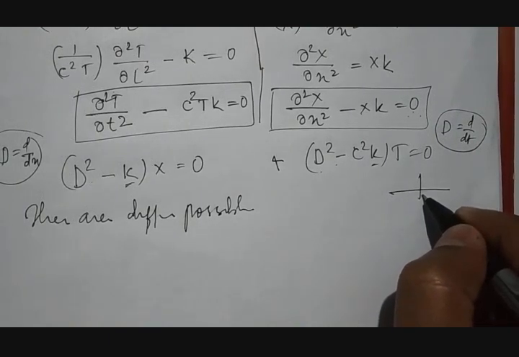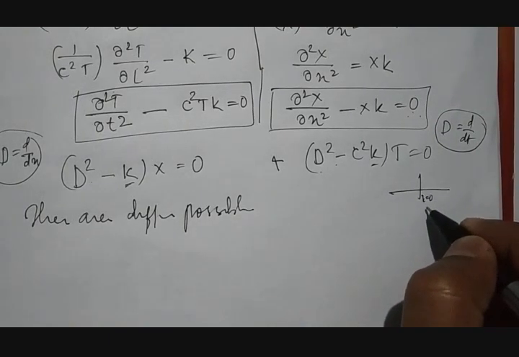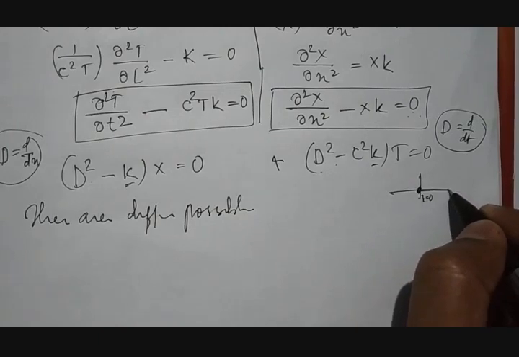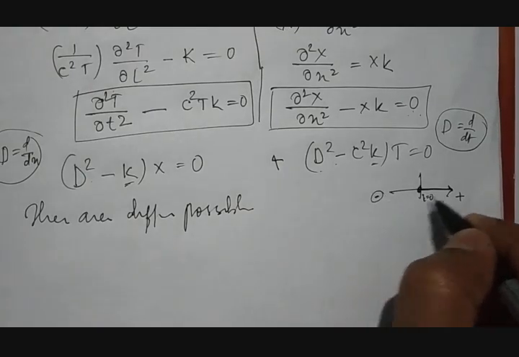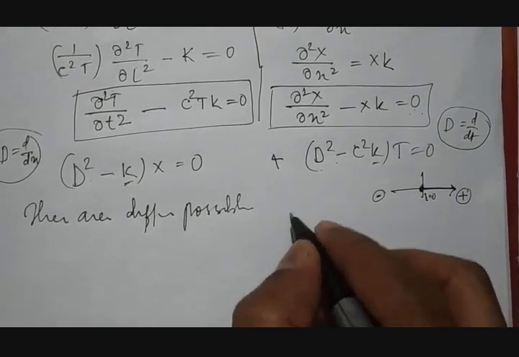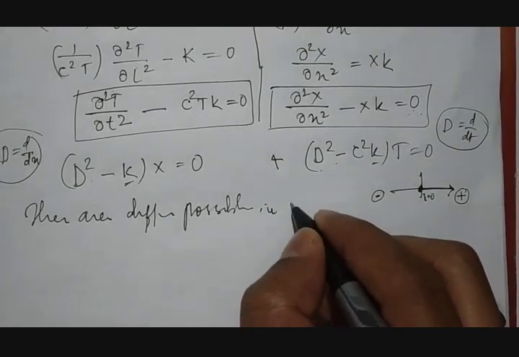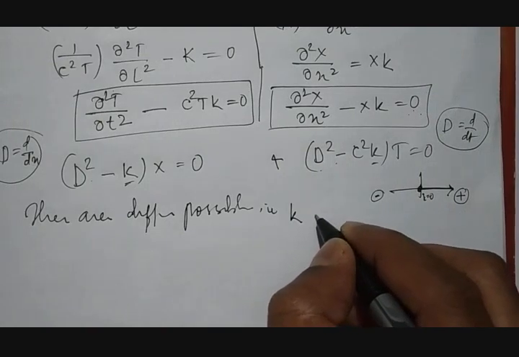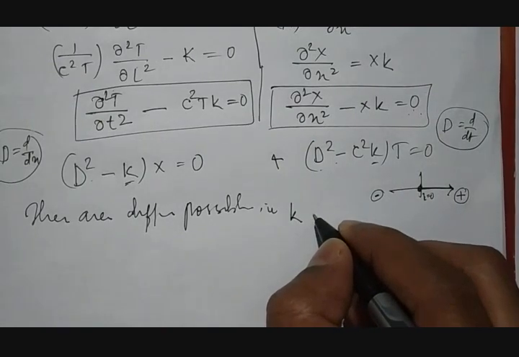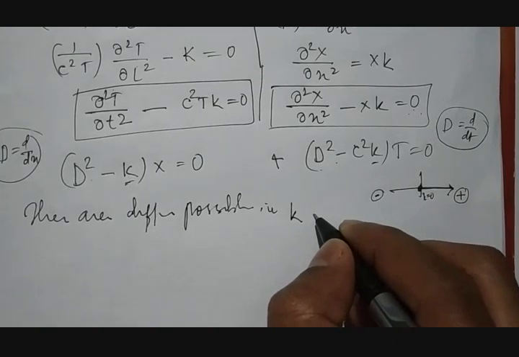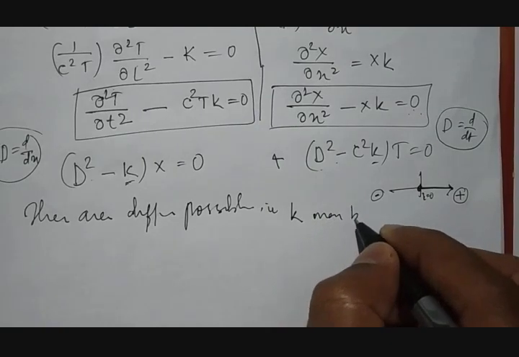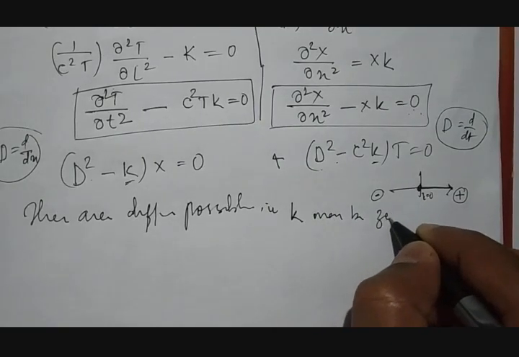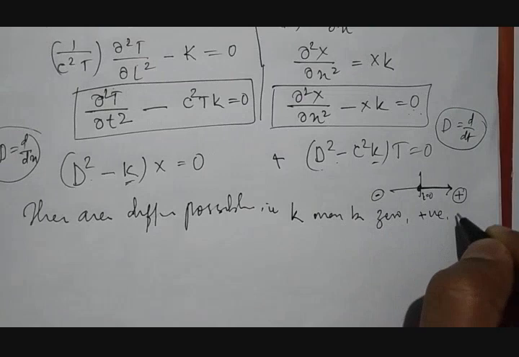This k may be 0, exactly at the center, or it may move towards the positive side, or it may move towards the negative side. That is, k may be 0, or positive, or negative.